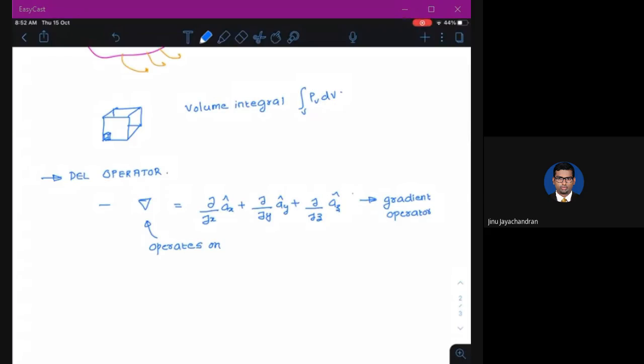So what is the specialty of the del operator? You see that the output of the del operator is a vector. Why is it a vector? The del operator has a unit vector along each of the directions. So the output of a del operator is a vector. It is also called a gradient operator. Fine.